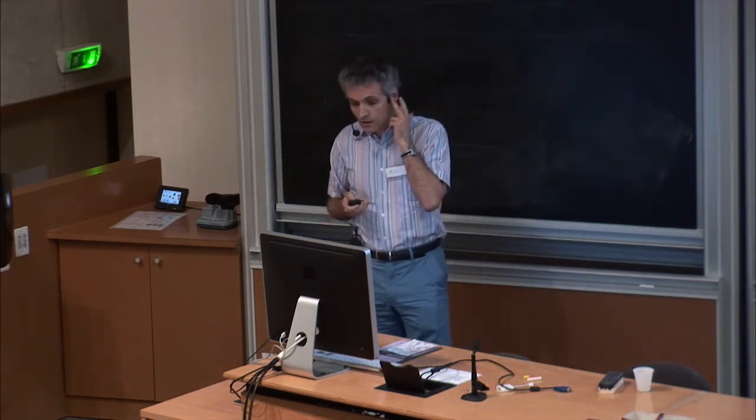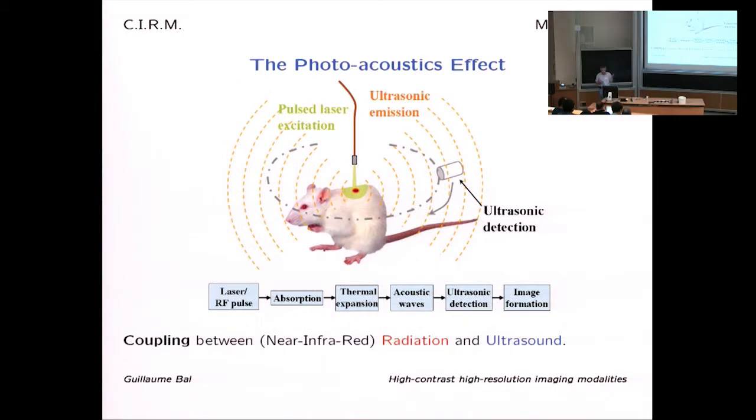So the first one combines optical properties, which are very similar to electrical properties, when you send photons into tissues. I don't know if you can see the red glow. The photons do propagate in tissues. By the time they make it outside of the domain, they've scattered a lot, and so they're extremely diffuse. And so there's a good contrast in the optical properties, but we get them with relatively low resolution.